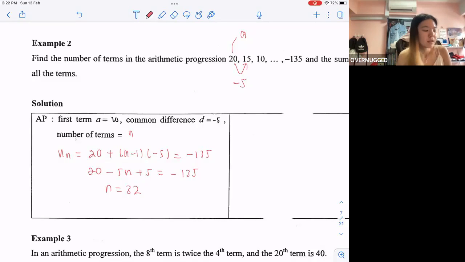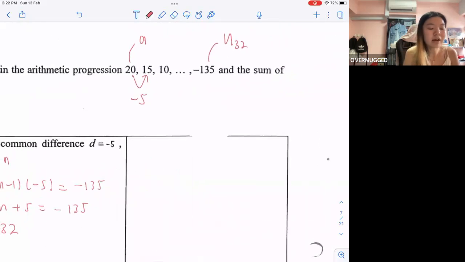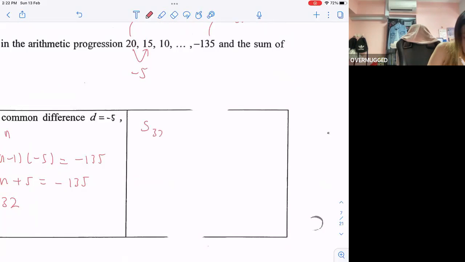So I know that this is my 32nd term. Now I need to find the sum of all the terms. I have a total of 32 terms here, so I want to find my S32.